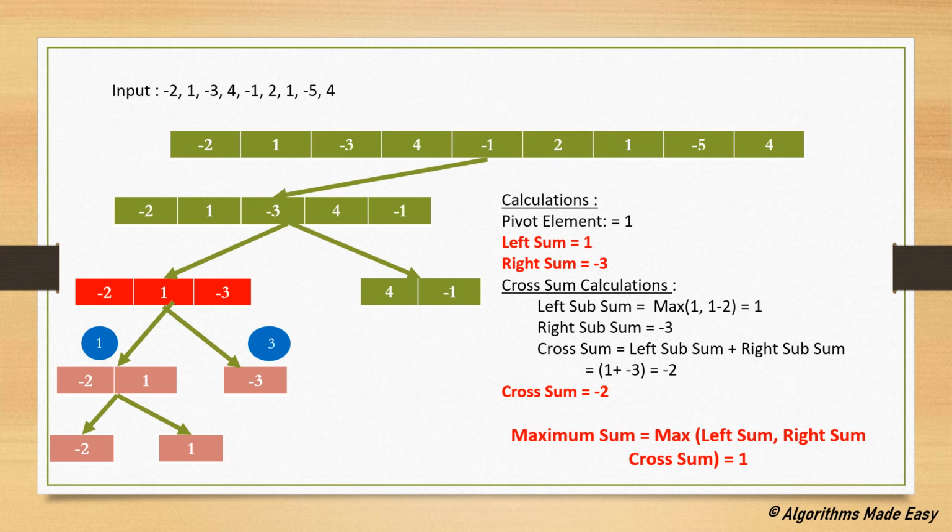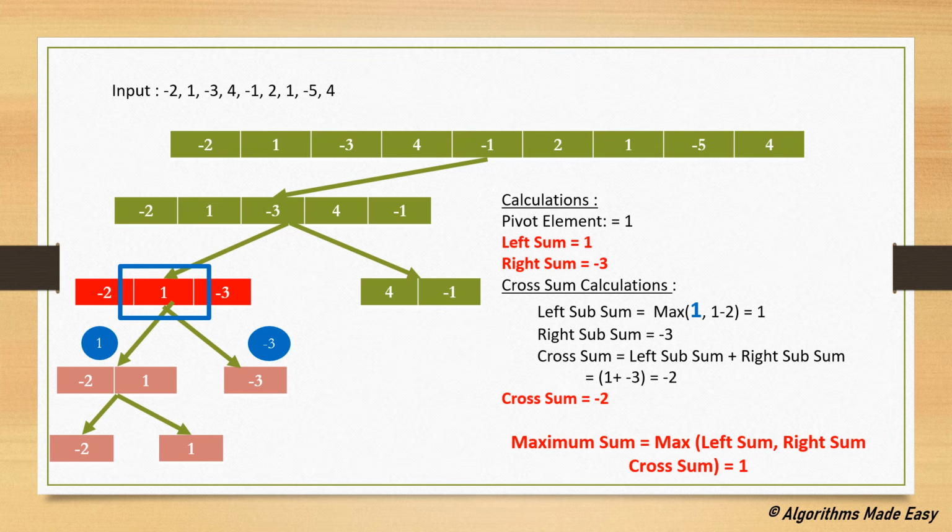Moving upwards, from the previous subarrays, we have already calculated left and right sum. As 1 is our pivot element, the left subsum would be the maximum sum starting from the pivot and ending on the left. So, while traversing to the left, the first left subsum will be 1 itself.